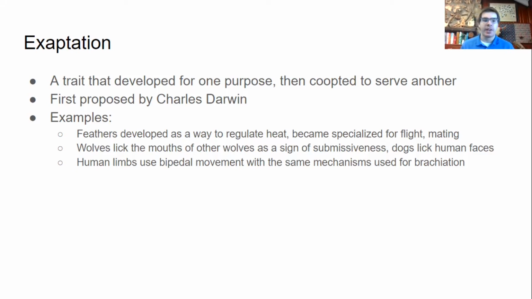So some examples of an exaptation are feathers being developed. Feathers were developed in the Mesozoic era by dinosaurs as a way to regulate heat. And over time, as dinosaurs adapted into birds, into just full-blown birds, they became specialized for flight.